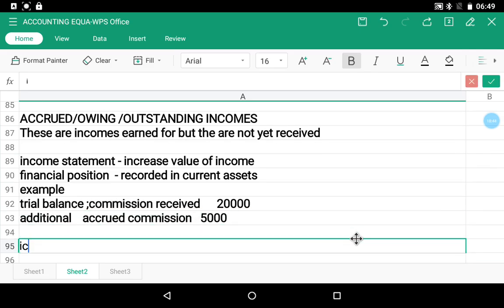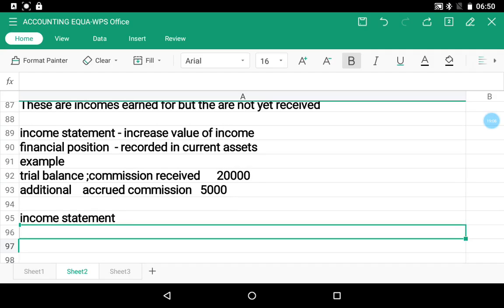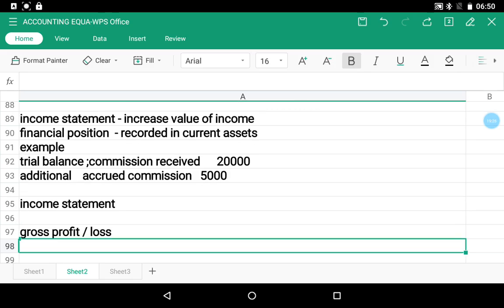We are starting with the income statement. Under income statement, of course, you first get gross profit or gross loss, after calculating net sales and cost of sales. Then we are going to say add incomes.